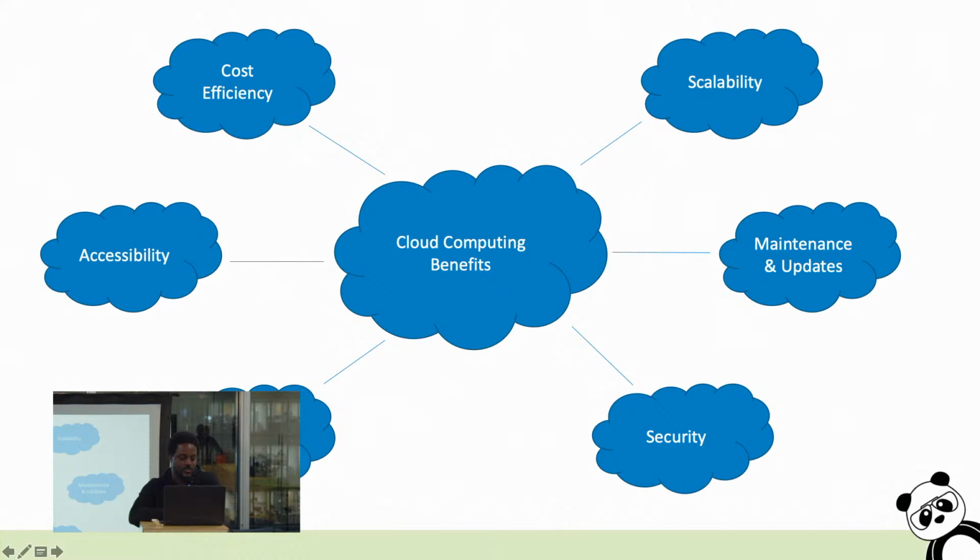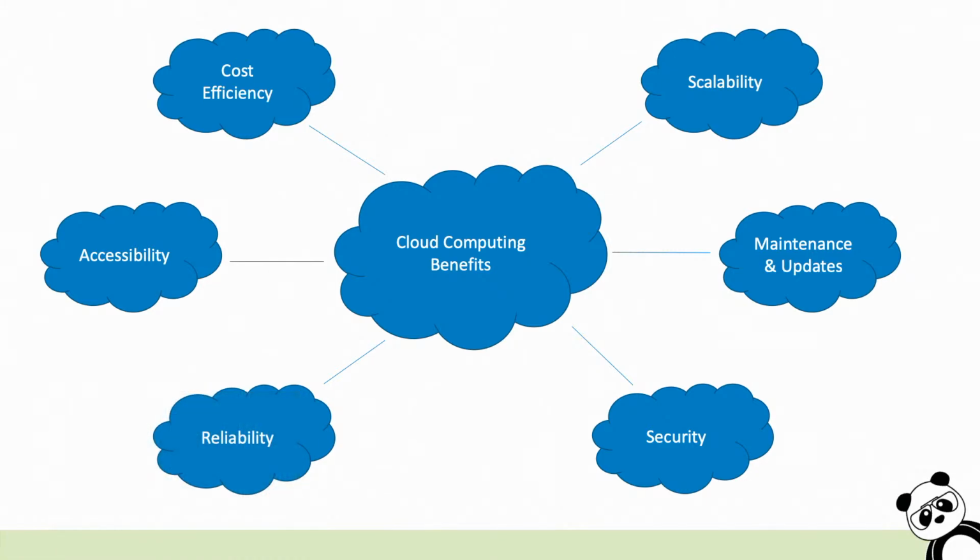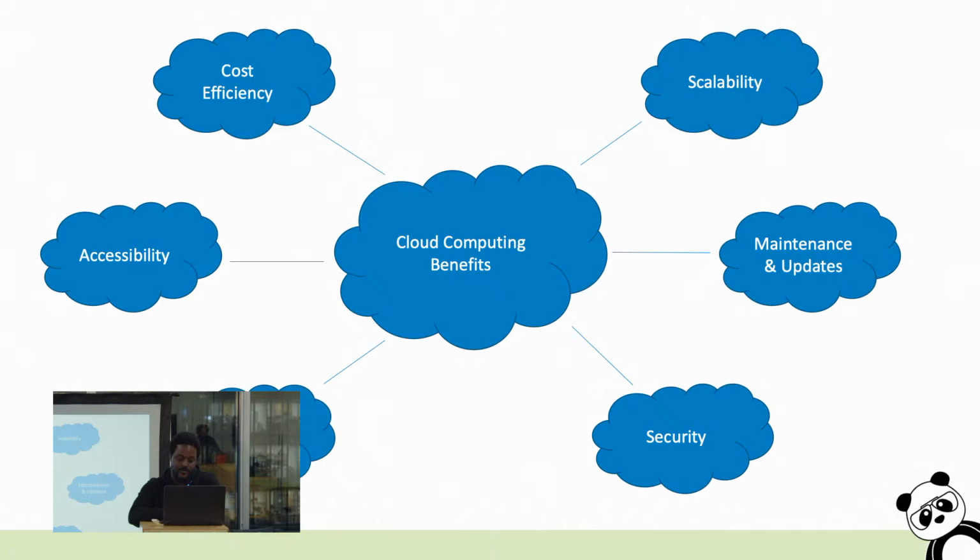And then we move on to reliability. With reliability, you can leverage the redundancy and fault tolerance of cloud providers, as in the data centers, so this minimizes downtime with high availability services. We then have maintenance and updates. Cloud providers such as AWS manage system updates and maintenance.